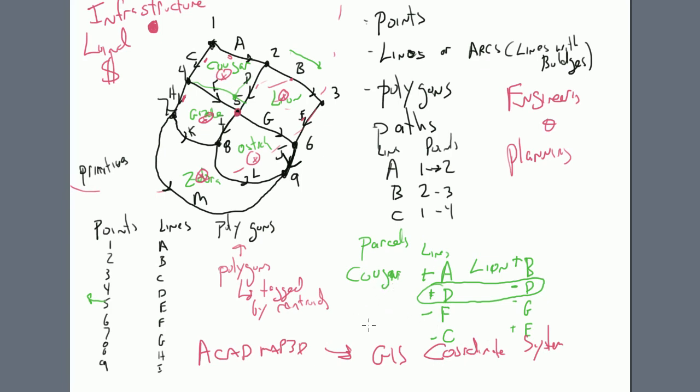There are about 1 million readings you can do on this, but for now, we're just going to think about the fact that there are points, lines with bulges if they're arcs, though in civil we don't do it that way, then polygons, and then finally paths, which can be open or closed. A polygon is a closed path, but when you get into routing, which is a lot of what civil uses this for, you have a number of different paths to get from 1 to 9. You could go that way, you could go this way. All kinds of different paths, and that's essentially where we really get into GIS.